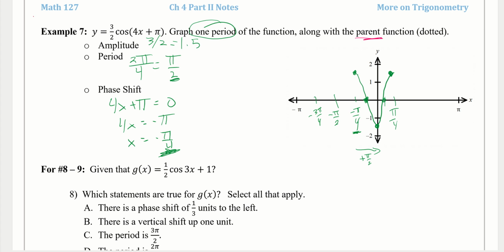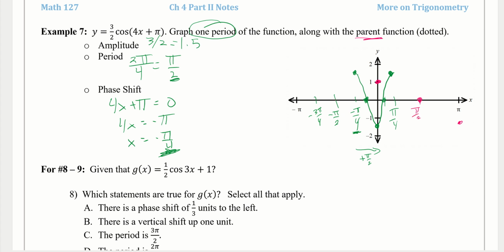At 0, it's 1. Now typically at 2 pi, it's 1 again, but in this case, my pi is going to be halfway there, and so that's going to be down. This right here is going to be in the middle, and so we kind of work backwards. So this is going to be pi over 2.